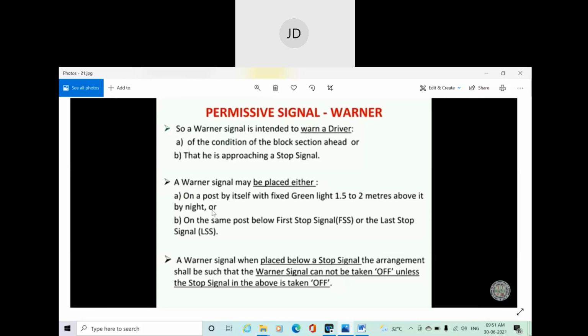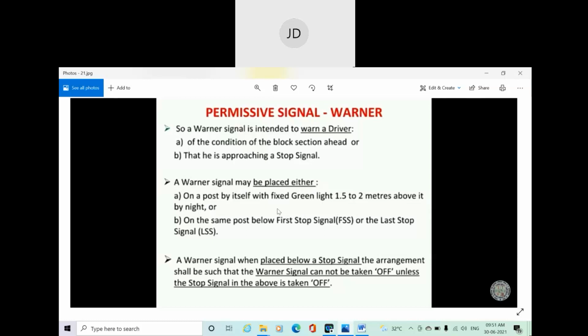So a kind of warning information is given to the loco pilot with the warner signal. Now, how can a warner signal be installed? It can be installed in two types. A warner signal may be placed either first on a post by itself, with a fixed green light 1.5 to 2 meters above it by night.